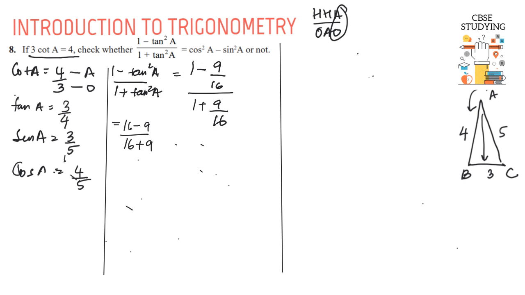Again, how did I get this? So let me just solve it on the side and show you how I cancel it out, because some students might get confused as to what exactly is happening here. So you see this 16 and 16 gets cancelled out, right?